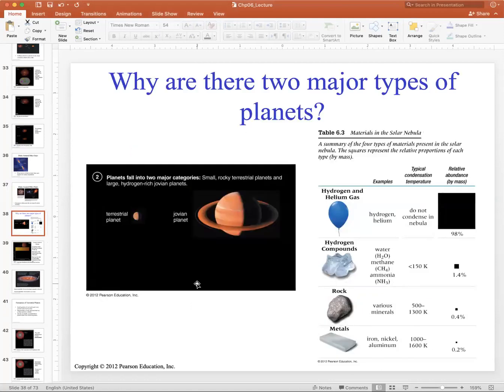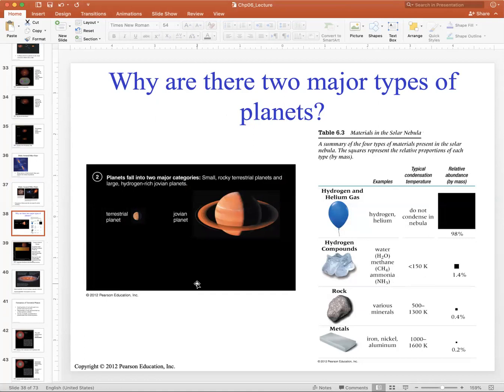Now, if you remember from the previous chapter or previous part, there are two major kinds of planets in our solar system: the terrestrial planets, which are rocky stuff, and Jovian planets, which are gaseous and icy stuff.